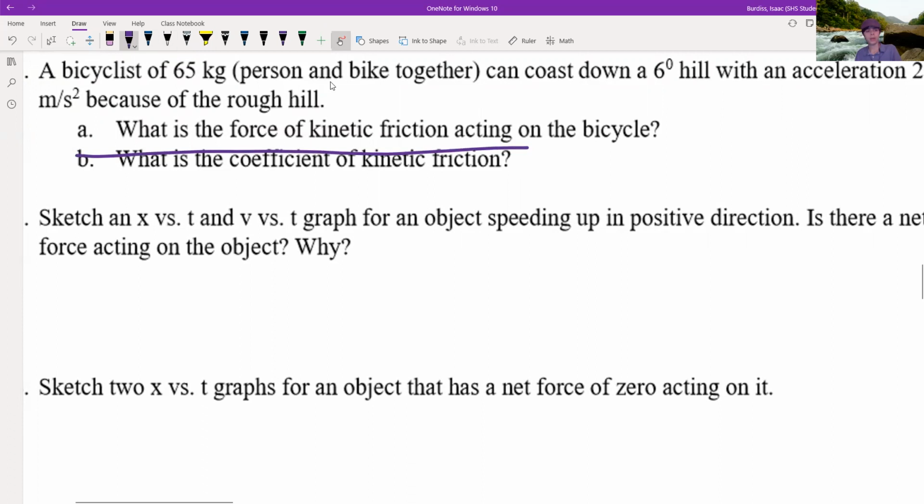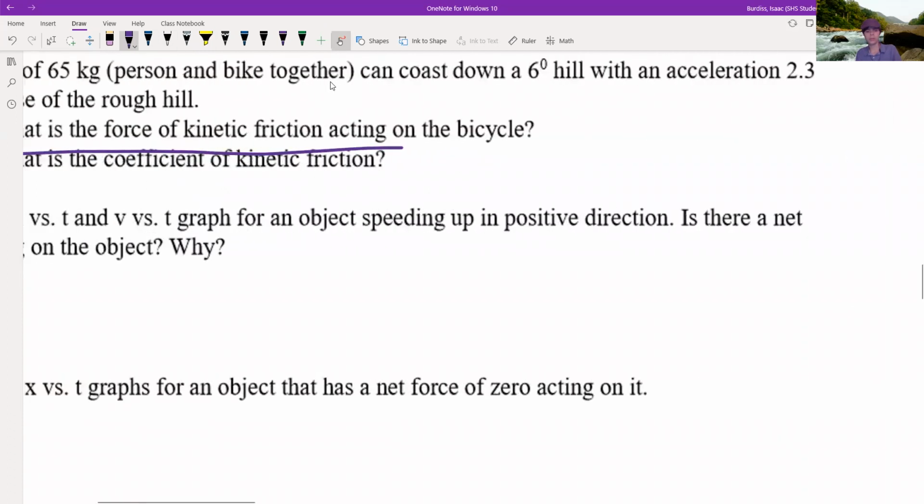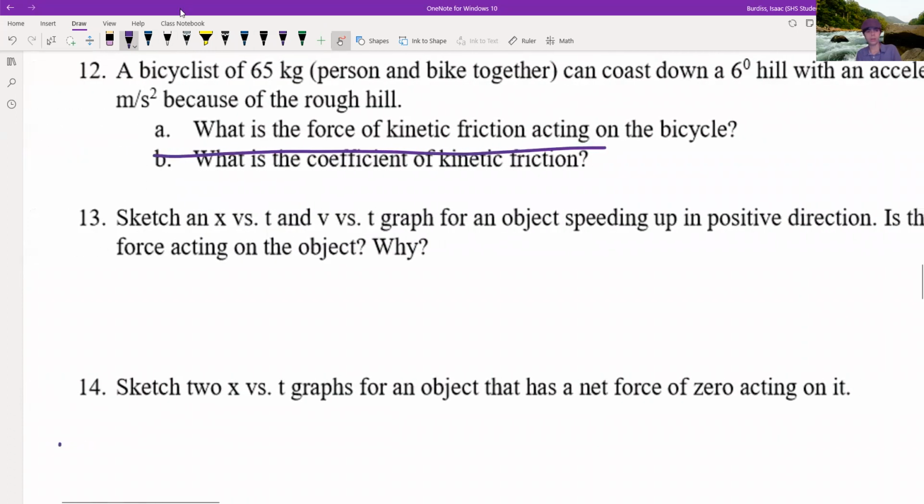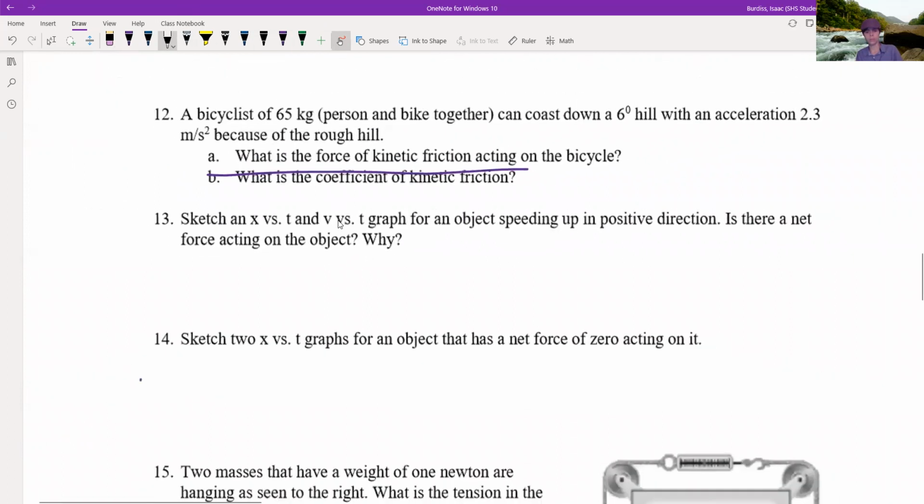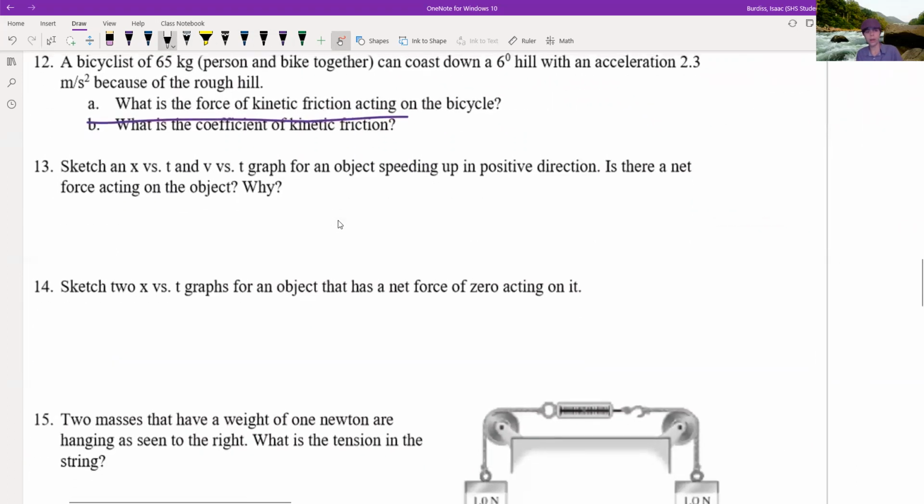And a bicyclist, and hang on a second. I will just white out these, hang on. I'm going to white out these. Wait, hold up.